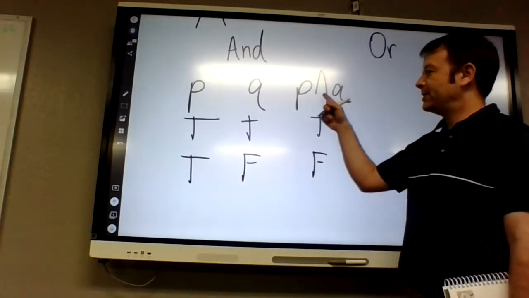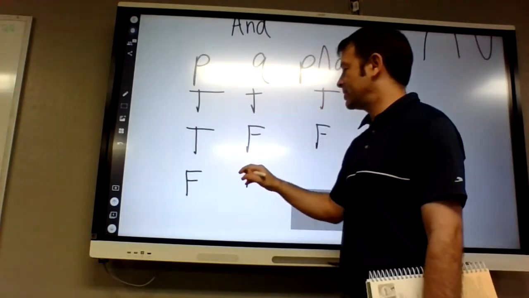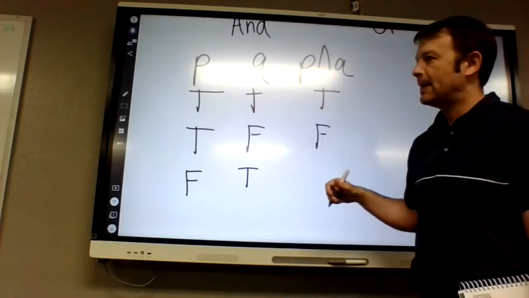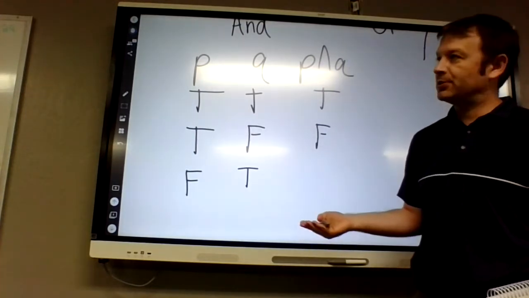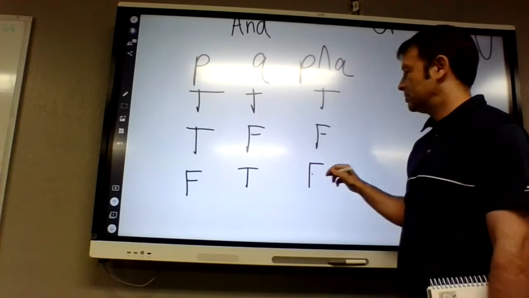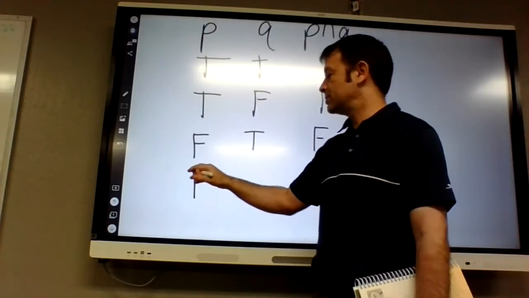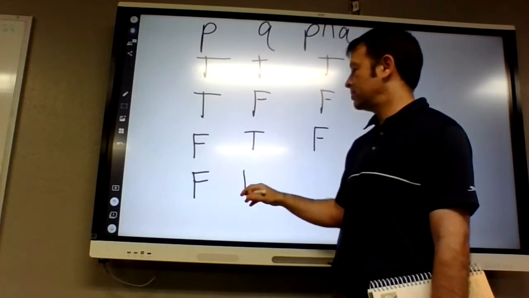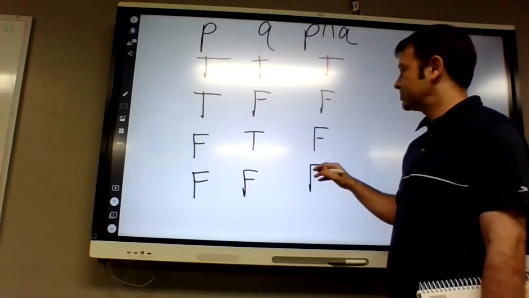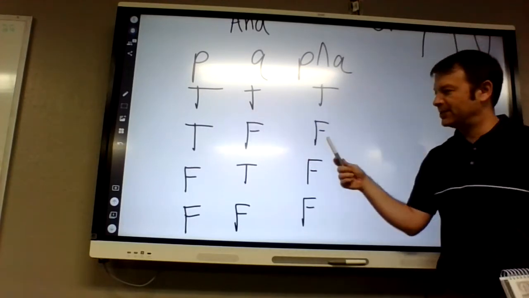So and has to both be true. So what if I said the first thing I said was false, but the second thing I said was true? You guys are sophomores and you are in geometry. That's false. But what if I said you are sophomores and you are in algebra? Still false. So for the and statement, they both have to be true for it to work. You guys get it?